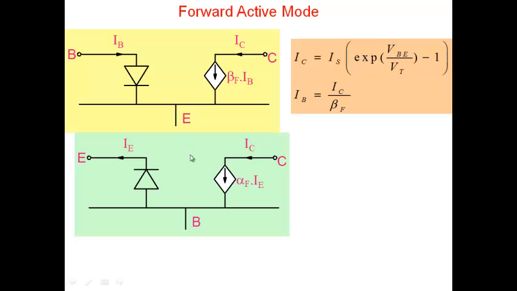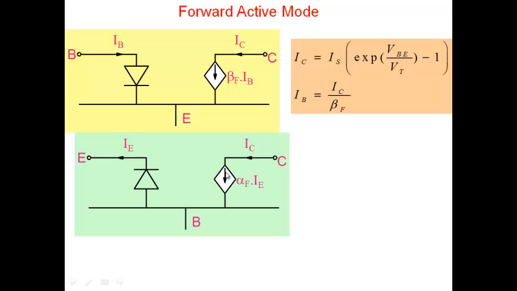In the next case, I can take the same model and just rearrange it and make the base the common terminal here. So emitter is the input side and collector is the output side. Now if I do that, note that between base and emitter, the diode will be in this direction. So that's fine. Emitter current will come out here, just as emitter current comes out of the terminal in the first model.